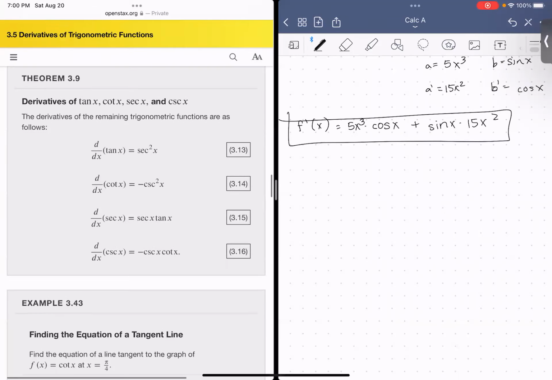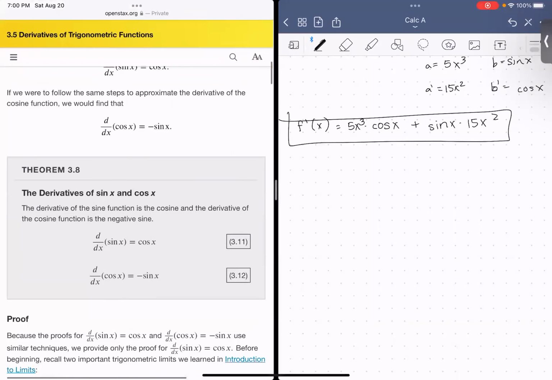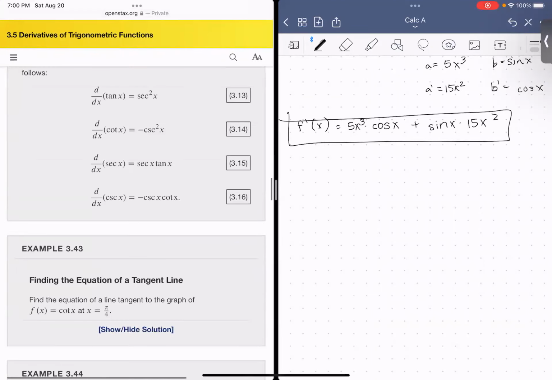So when you are approaching these problems, what I would recommend is looking at these tables of derivatives. So go ahead and look at these four, and then whenever you're practicing, go ahead and look back over here at this theorem about the derivatives of sine and cosine.